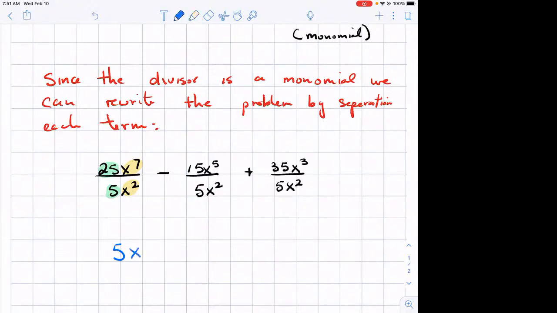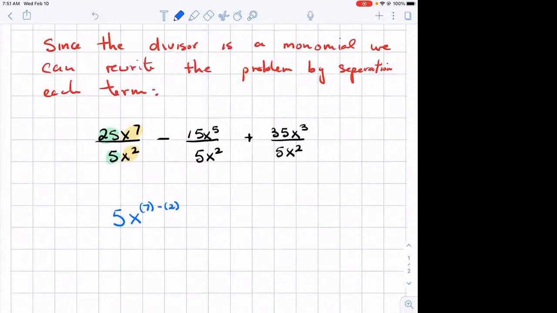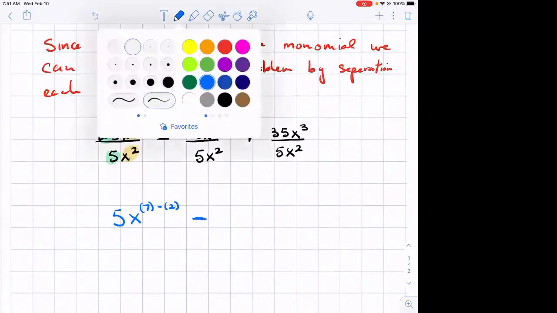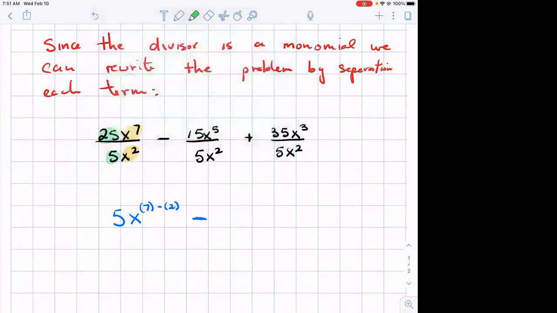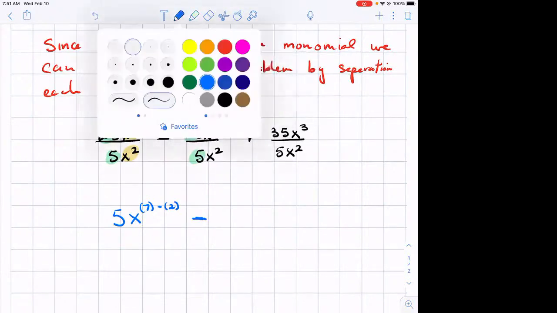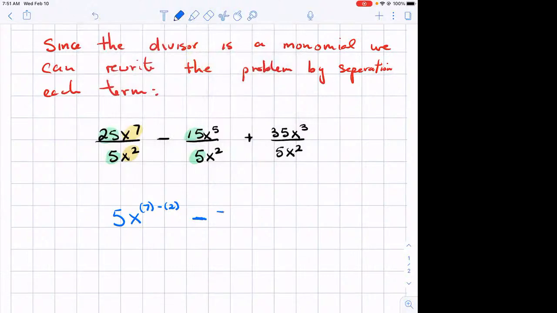So this becomes x, the numerator minus the denominator. I'm just writing it out since this is the first example, so you see what I'm doing. Then we have minus, and once again, what is 15 divided by 5? If it goes evenly, we write 3. Now, since the bases are the same, x to the 5th, x squared, that becomes x to the 5 minus 2.